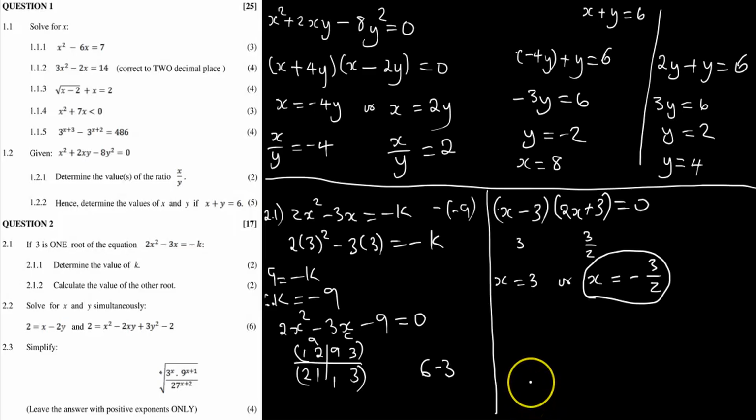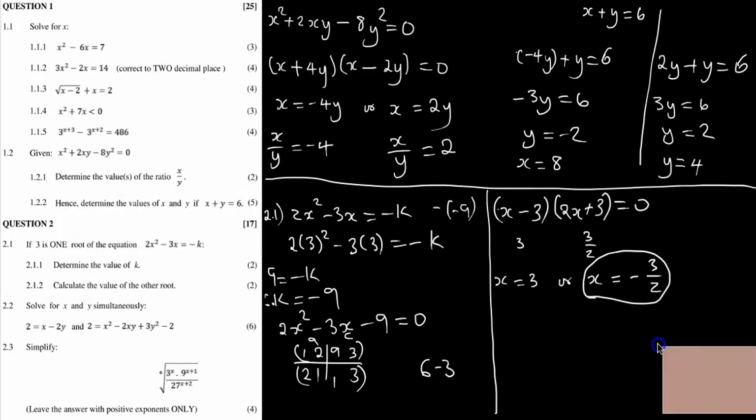And then we are going to do the simultaneous equation, which is 2.2. And in our 2.2, we can see that we have to use the substitution method. I think it's actually the one that is easier to use for questions like this, where you are given a quadratic and a linear equation.